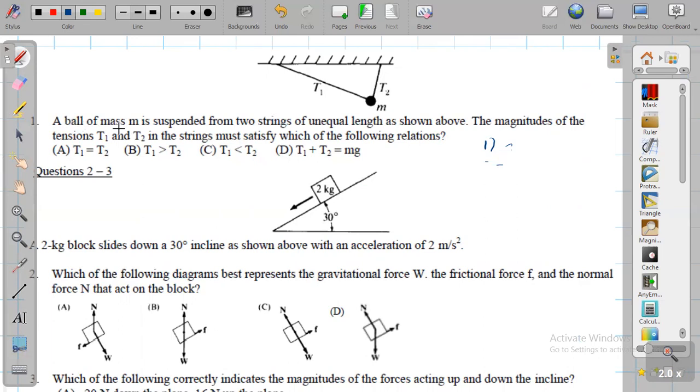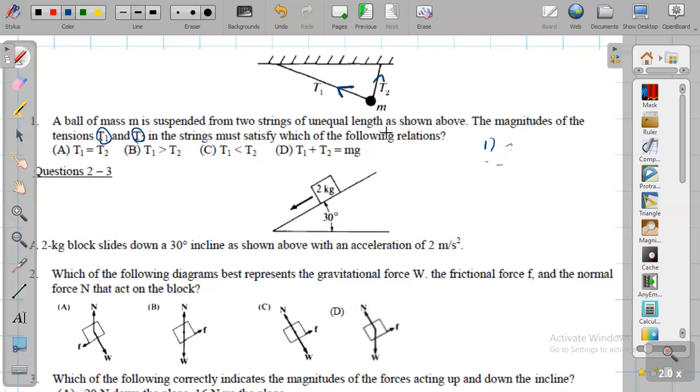A ball of mass M is suspended from 2 strings with unequal length as shown above. The magnitudes of the tensions T1 and T2 in the string must satisfy the following relationship, right?